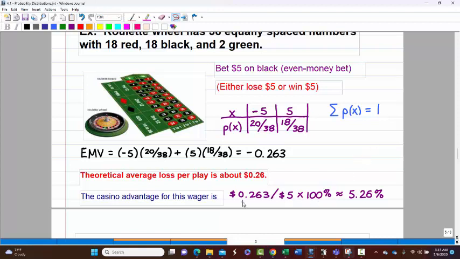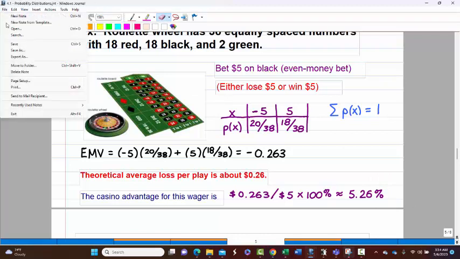To convert this to a percentage, which I would never ask you to do, take that number and divide it by 5. That gives you the advantage: they have a 5.26% mathematical advantage on roulette. They don't have to cheat. The long-term mathematical expected value will work in their advantage.